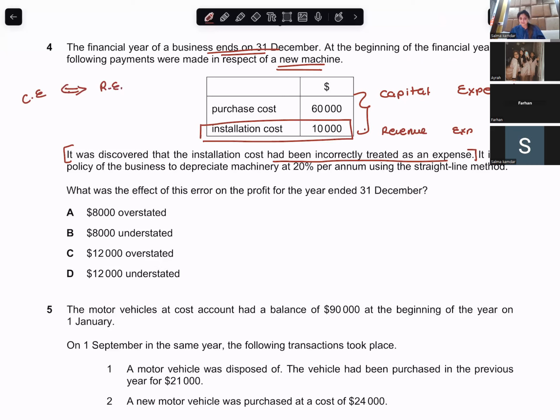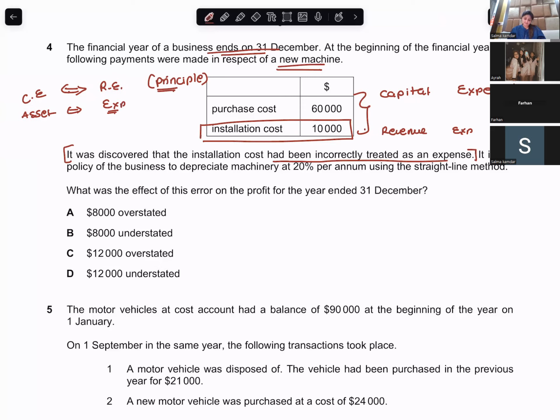Which error is this? Error of principle. You're principally wrong. You treated an asset as an expense. So what happens when you treat an asset as an expense?